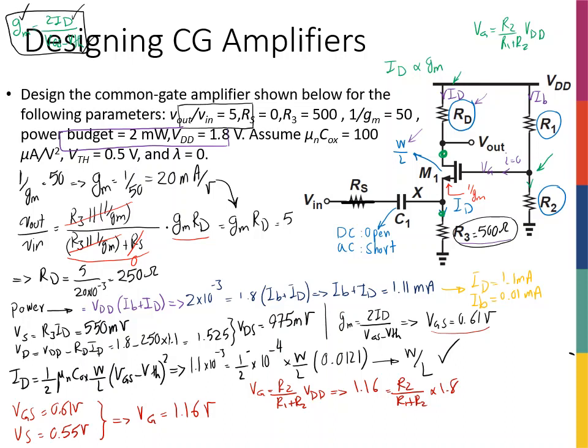And on the other side, I know that the current through R1 and R2, so VDD divided by R1 plus R2, is supposed to be 10 microamp, so 10 to the negative 4 amps, or actually 10 to the negative 5.